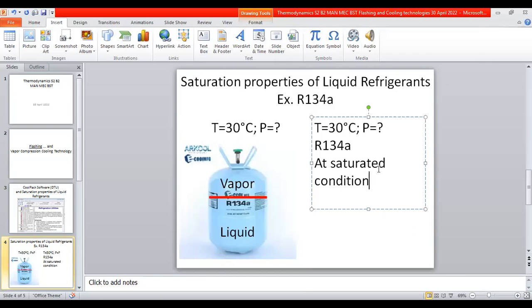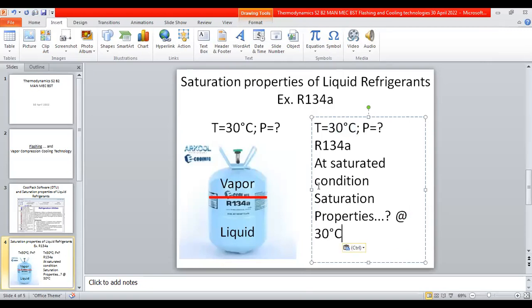Then look for saturation properties at 30 degrees Celsius. You will get the answers.